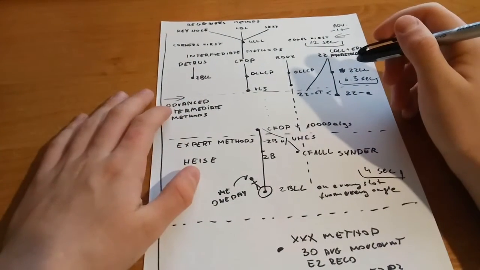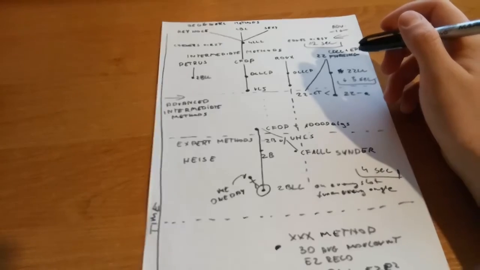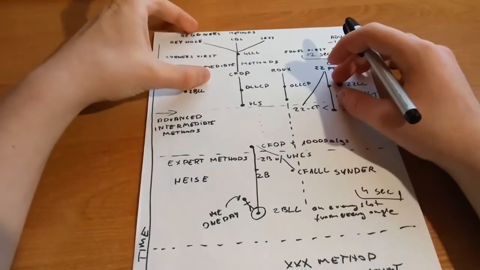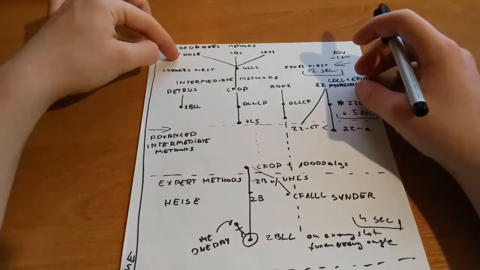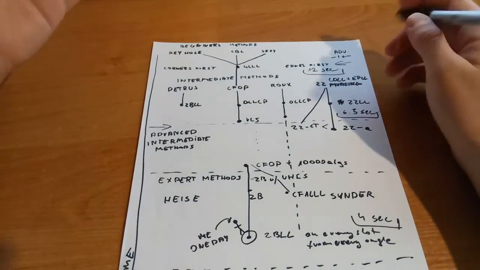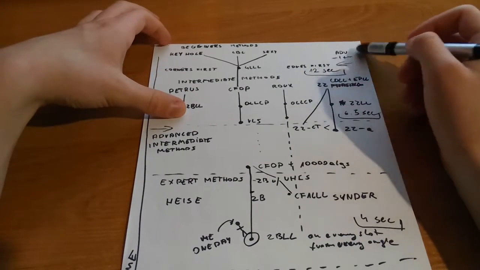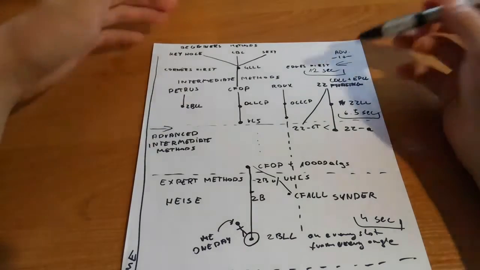Okay, so I feel like there are some types of methods. Basically beginner methods are right here: Keyhole, LBL, Sexy, and you can get a bit more advanced with them. So here will be advanced beginner methods.